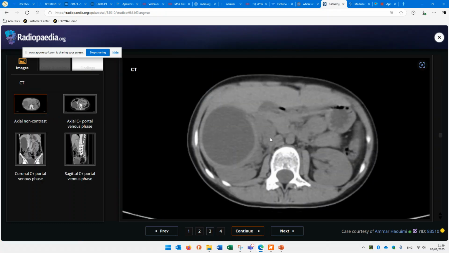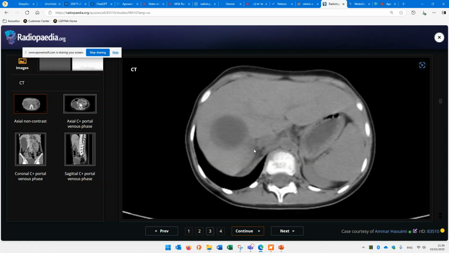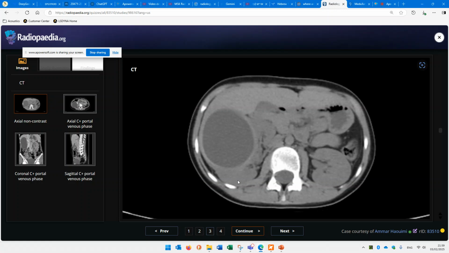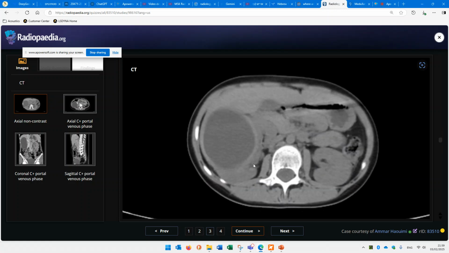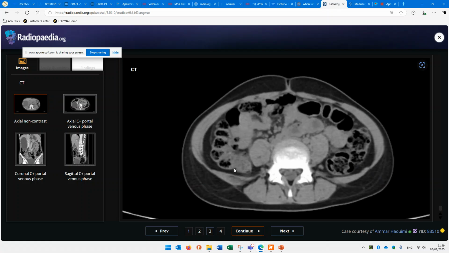On CT, we are seeing the cyst very clearly. On the right side, we barely see the enlarged kidney. There is a well-defined border for this cyst with hypodense contents relative to the kidney tissue.